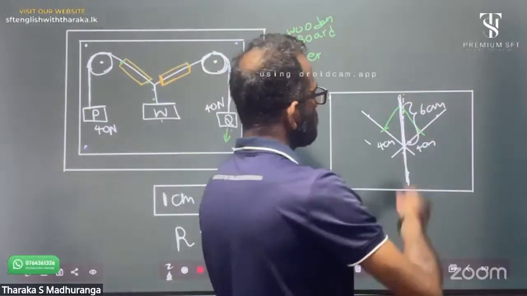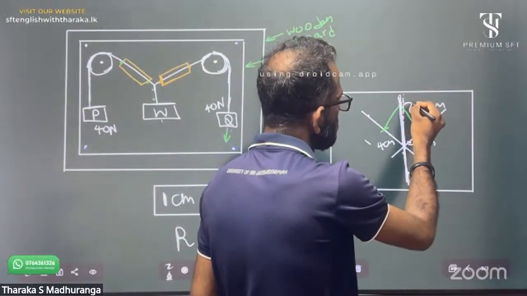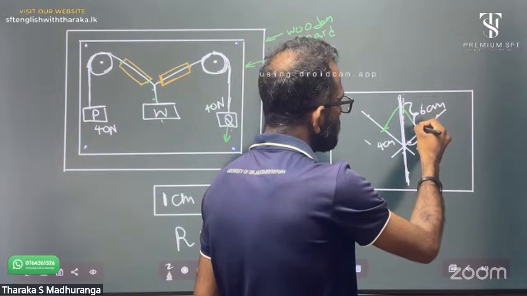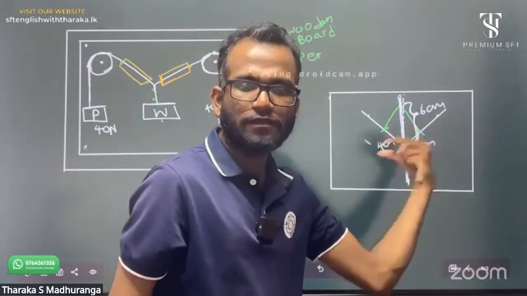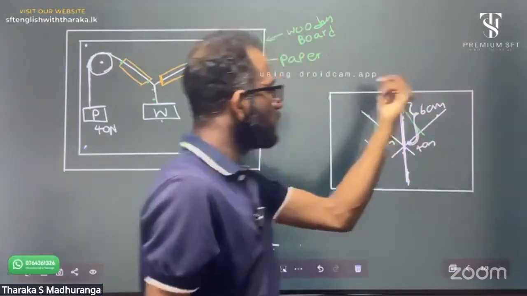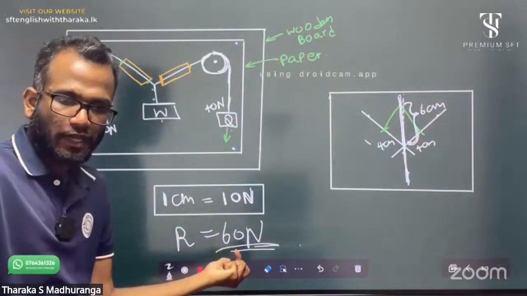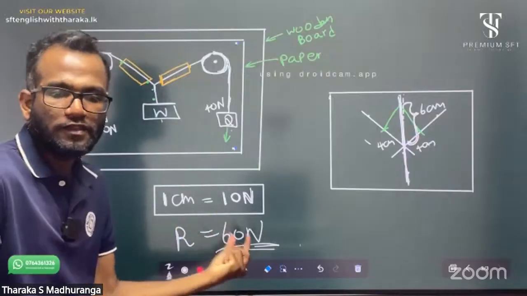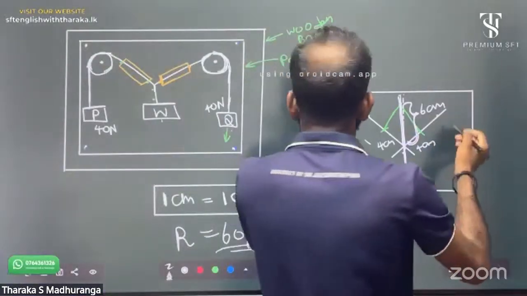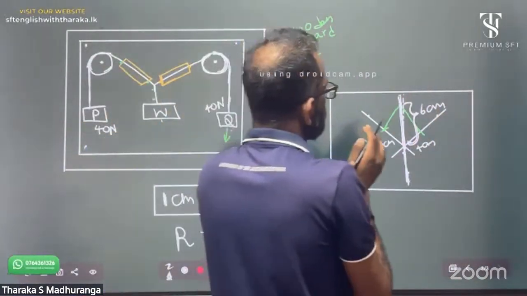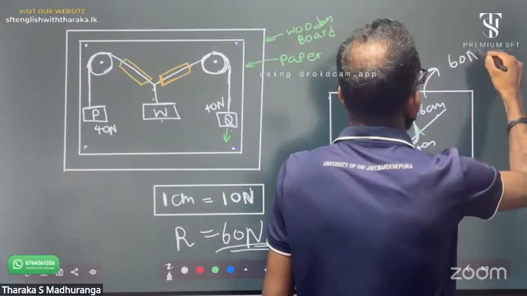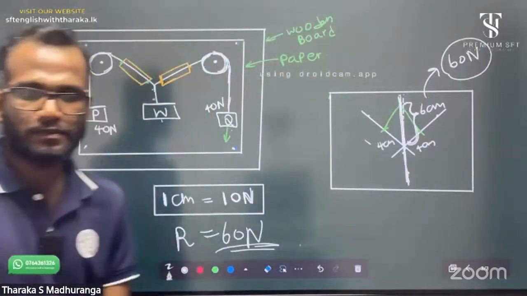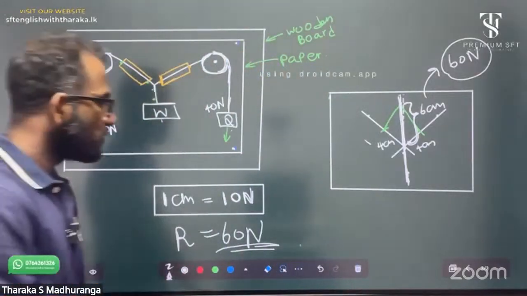If it is correct, you can get the length of this diagonal. Think if it is 6 centimeter, 1 centimeter represents 10 Newton, then 6 centimeter equals 60 Newton. Then the resultant force of P and Q, 40 and 40, is 60 Newton. Right? Okay, now I'll show you how to do this.